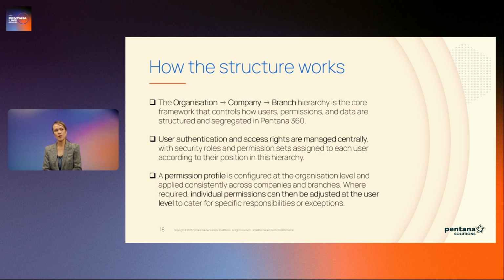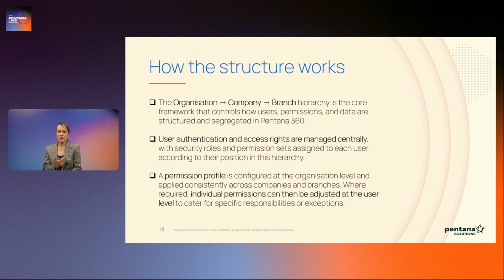This gives you a consistent, standardized starting point for roles across all companies and branches. Those profiles ensure, for example, that a service advisor in one branch has comparable permissions to a service advisor in another.